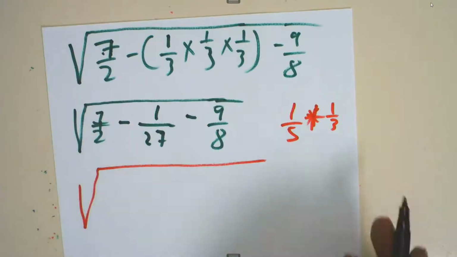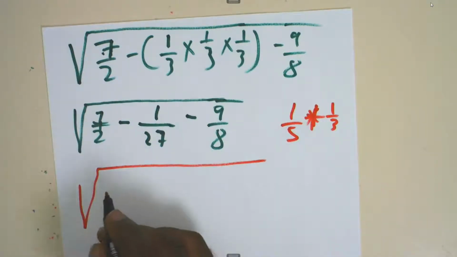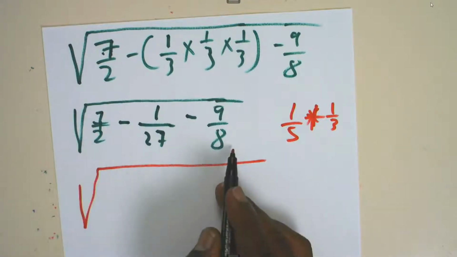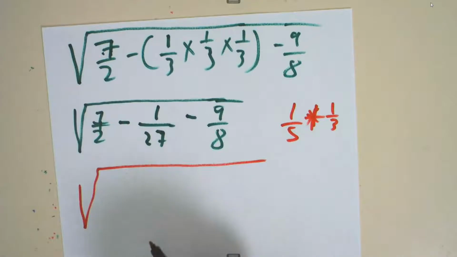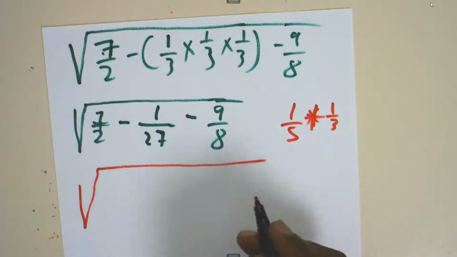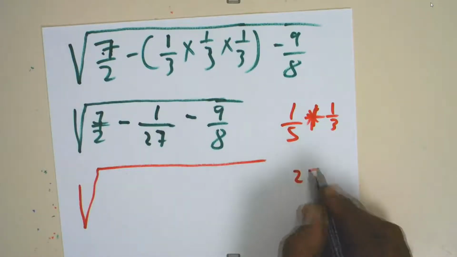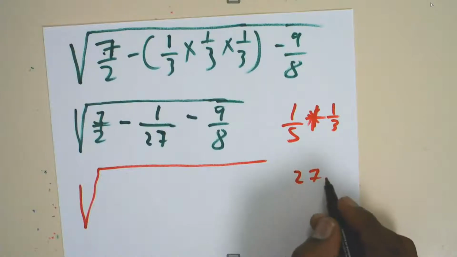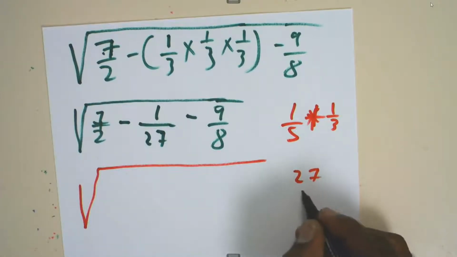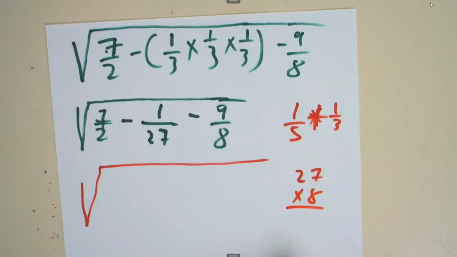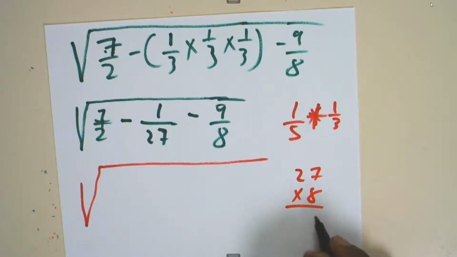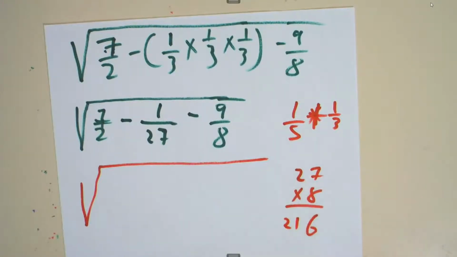Therefore, to multiply by everything, because 2 is a factor of that, we'll use 27/8. 27 multiplied by 8, which is 8 by 7, it's your 56. 8 by 2, it's a 16. Plus 5, 216.